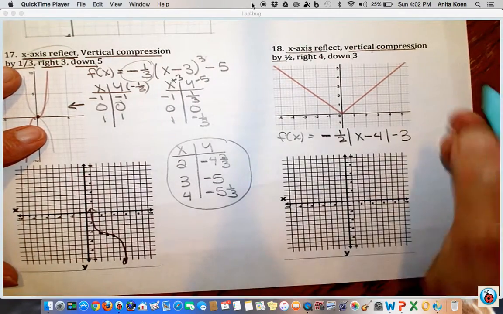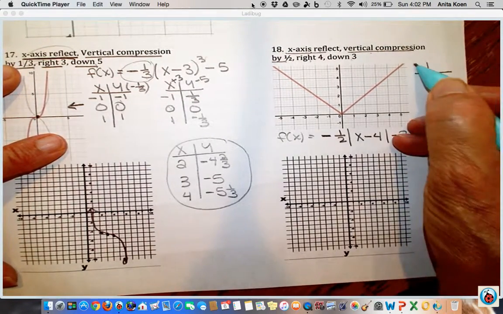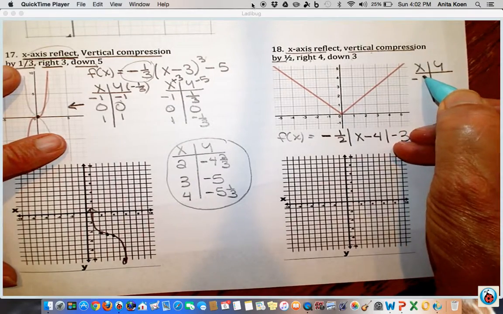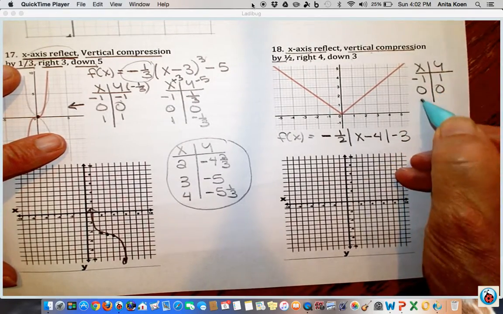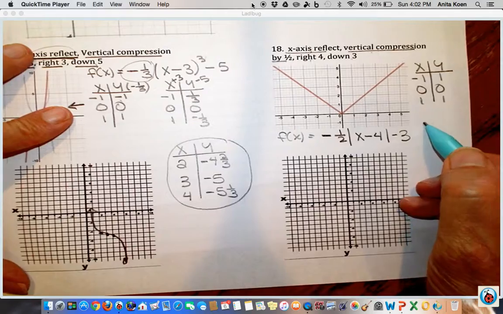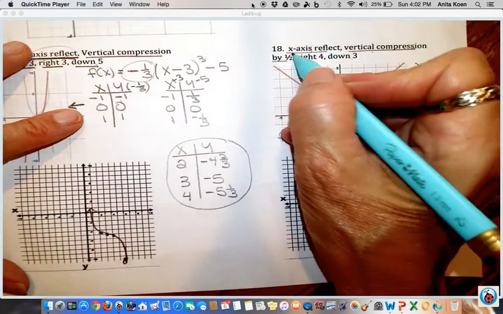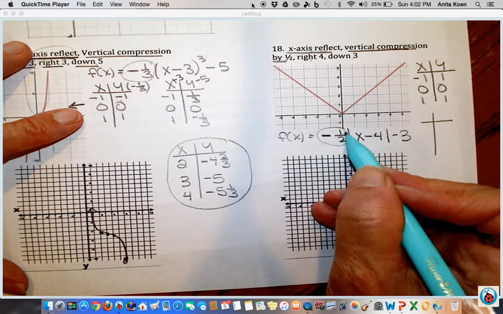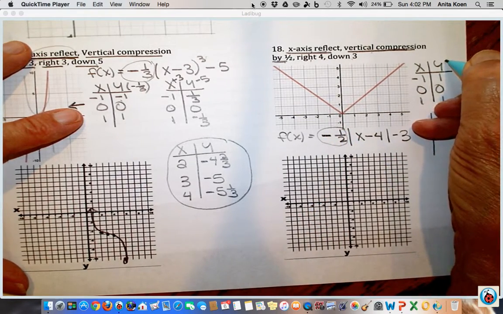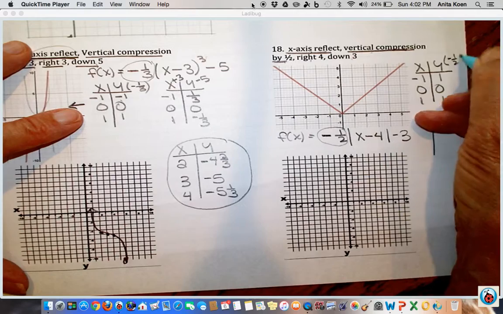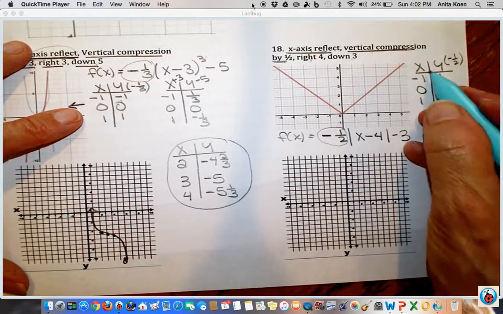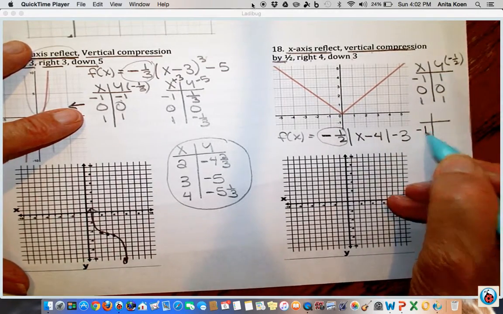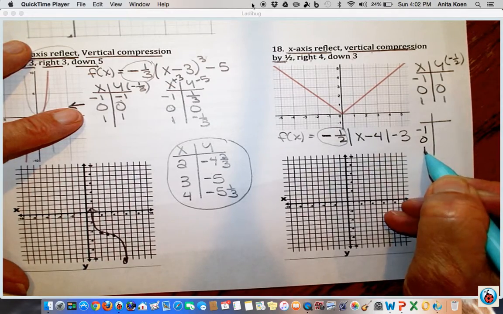So now we're going to do our tables. The parent function table is -1, 1, 0, 0, 1, 1. We're going to take care of these two first. That means this -1/2 on the outside gets multiplied by the y values. My x's are going to stay the same, so that's -1, 0, 1.